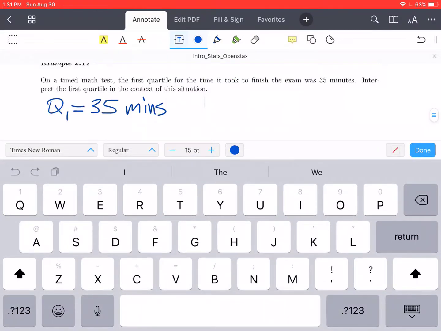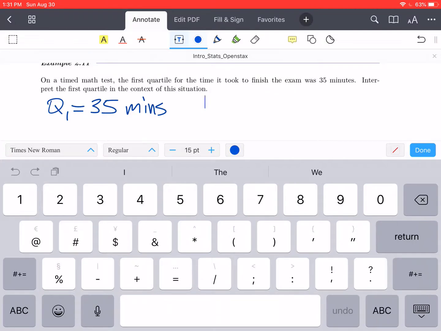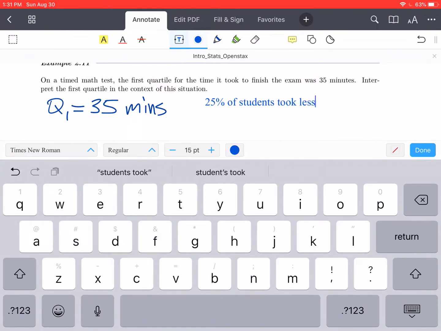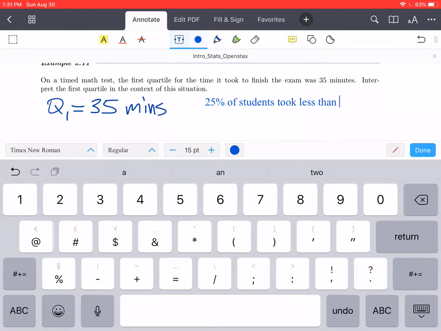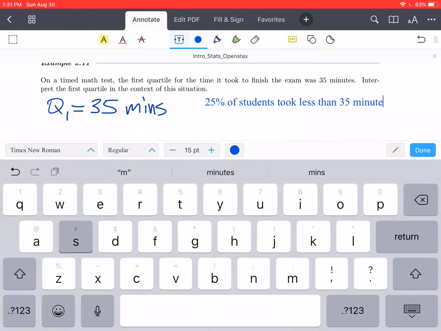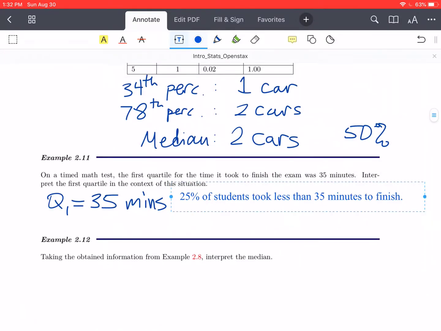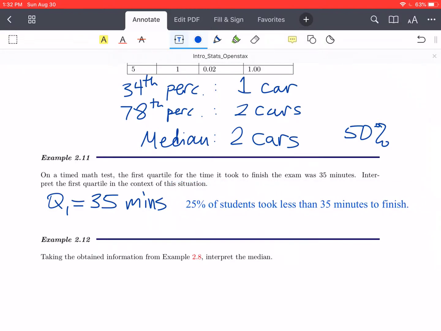Well, this means that since it's the first quartile, 25% of the data is less than this. So 25% of students took less than 35 minutes to finish. That's what it's telling us. Which means that 75% took more than 35 minutes.